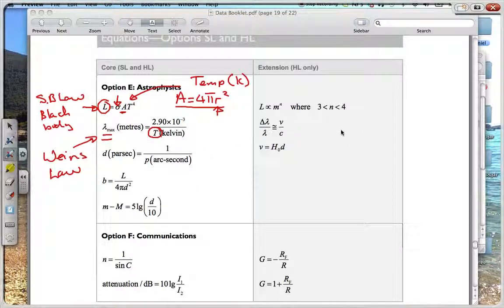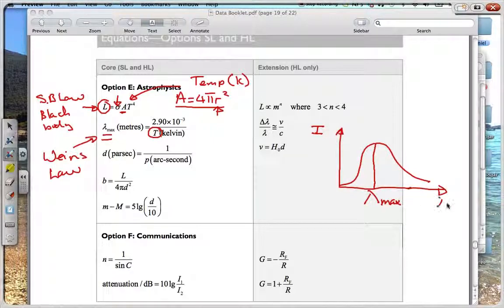And we usually have a graph something like this, where you have your intensity and we have a sort of curve like this, where this over here, sorry about the diagram, is your maximum, and this is your wavelength over here.